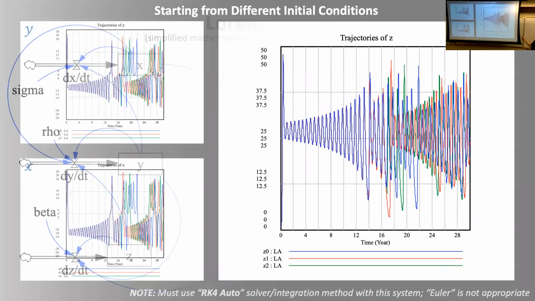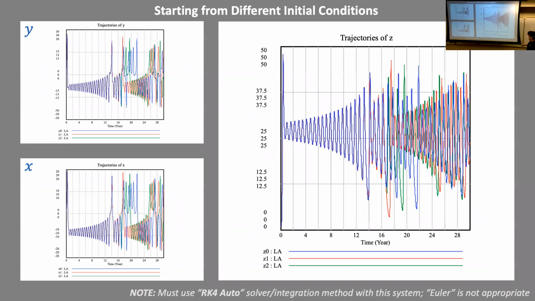And what I mean by that is if I simulate this system, and I put a note here that if you try to simulate this at home, in your model settings for your simulation in Vensim, you have to change something at the very bottom. I never talked about it, but it says integration method, and it says Euler. And I said, don't worry about that.